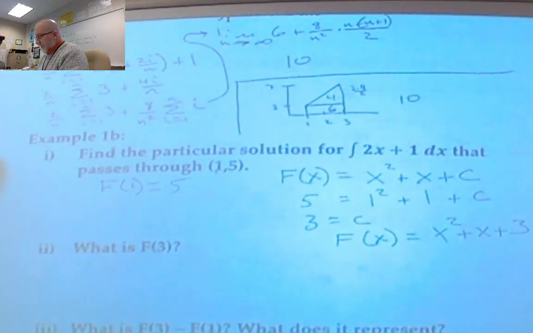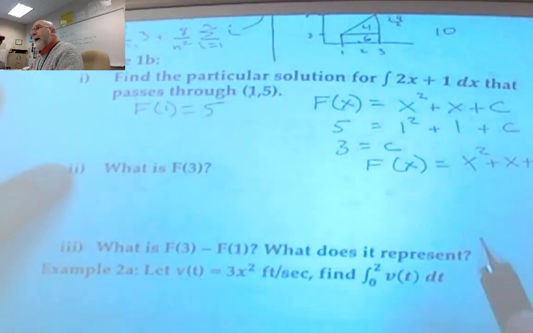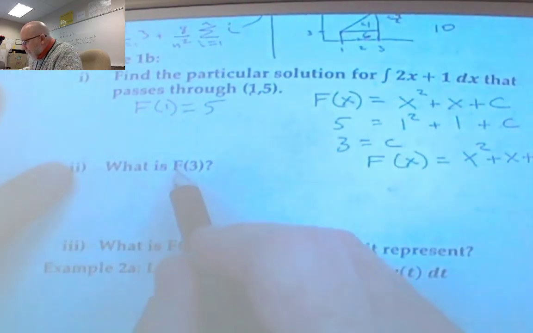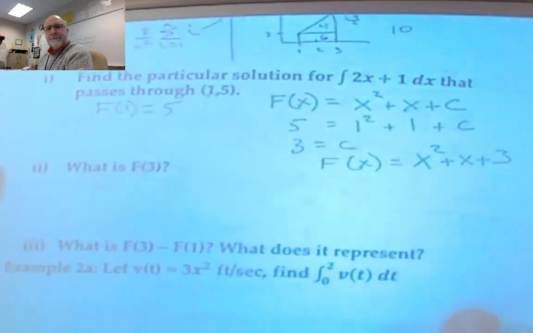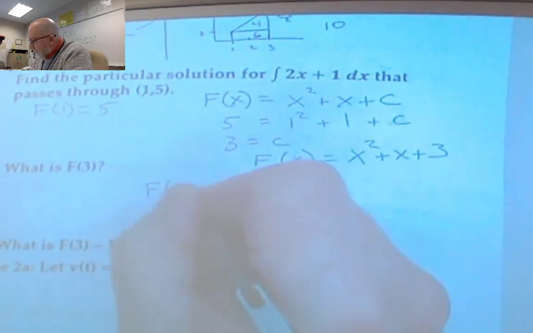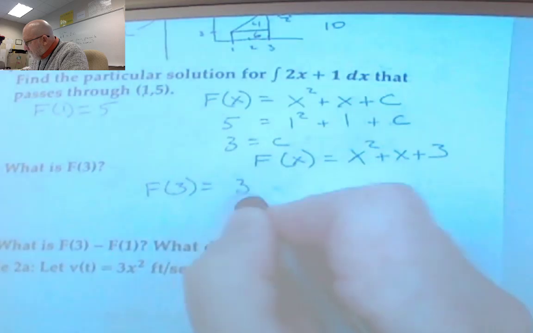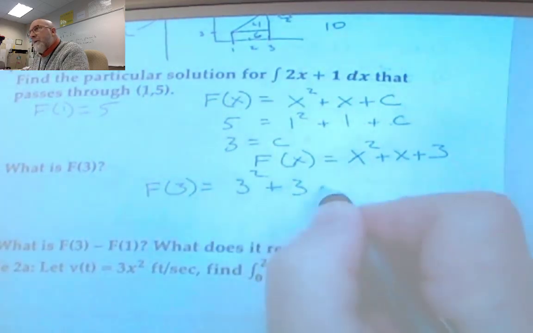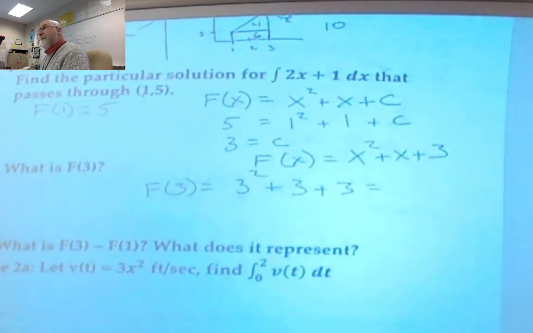Okay? So, how would I, Josh, figure out capital F of 3? Put 3 into here? Okay. So F of 3 would be 3 squared plus 3 plus 3. Notice the 3 threes. What is that answer? 15.